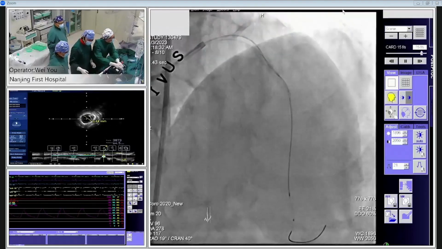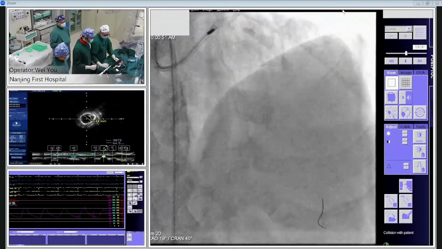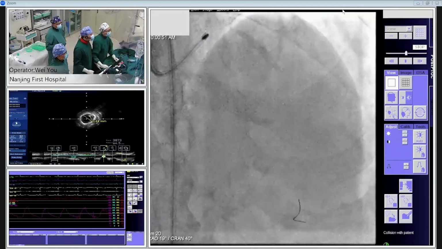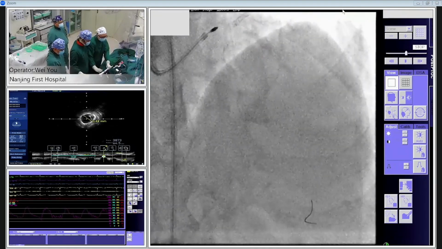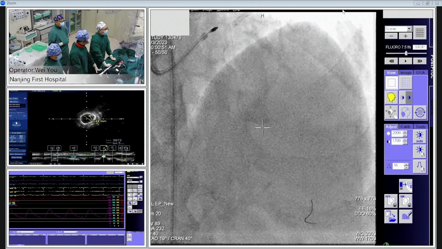Okay, Chief. We have just delivered the 1.5 burr nearby in the proximal LAD. Okay, ready? We just test the burr, and initially the burr size we use is 1.5 millimeters, and we want to use the high speed rotablation.